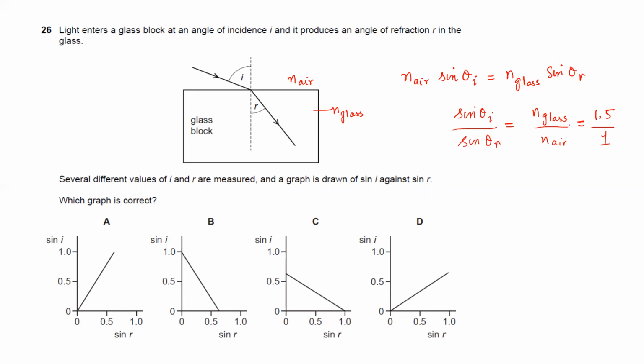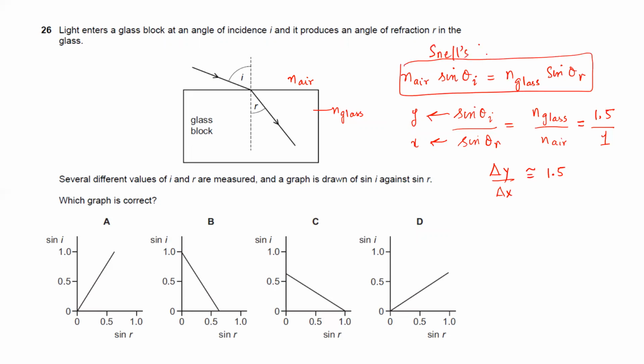These are generic values. If sine theta I is along the y-axis and sine theta R is along the x-axis, then this is the slope, delta y by delta x, which should be approximately 1.5. This is what we have to remember. This is Snell's law, which I have written.